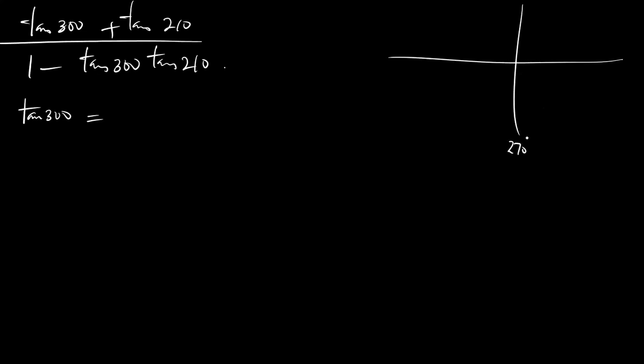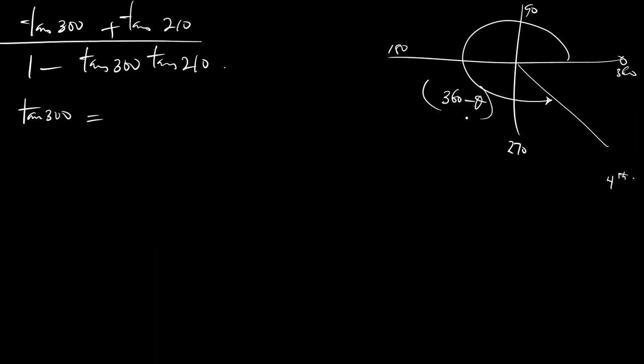It is more than 270. You know, here is 0, 90, 180, 270. This is 360. So it's more than 270, less than 360. So it falls on the fourth quadrant. So this is 360 minus 60. What will you subtract from 360 to give you 300? It is 60. So here is 1, here is 2, here is root 3.